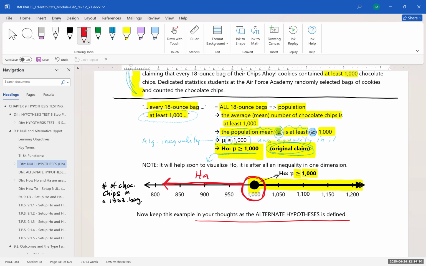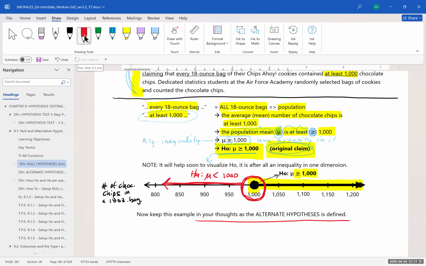So when we define the alternate hypothesis, it cannot be equal to 1,000. It's got to be strictly less than 1,000. So now we've got our two statements that are binary choices. Okay.